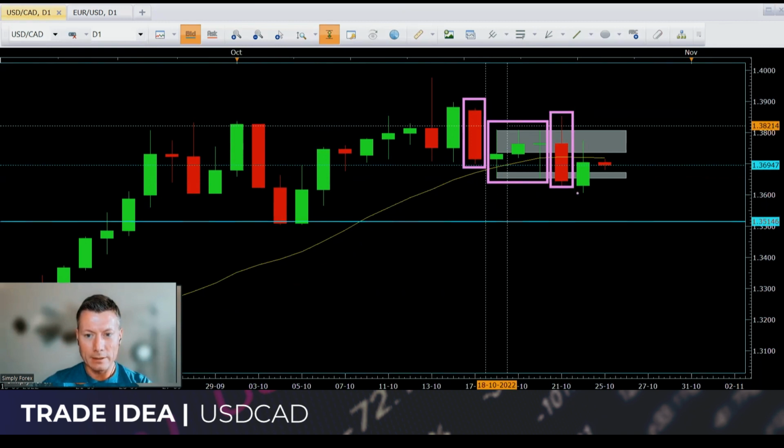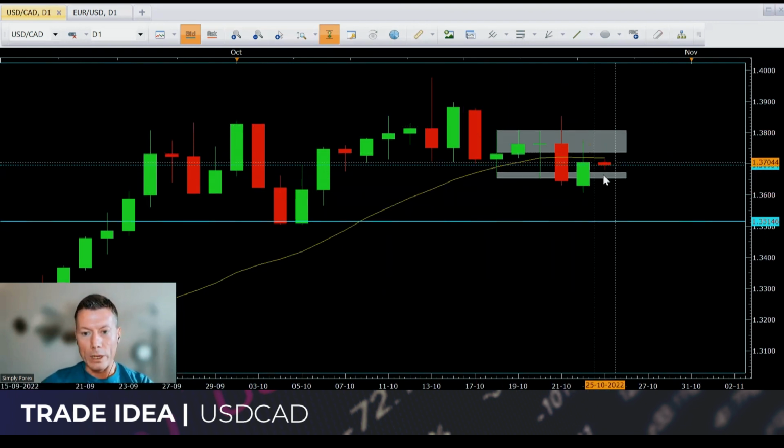Even this green candle has a wick. So just by looking at the candles, it feels to me like red candles are winning, and therefore sellers are taking control of this market. And that's obviously reflected on the dollar index as well. So for those reasons, we're looking for short.